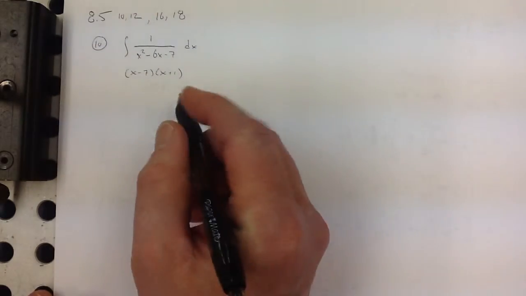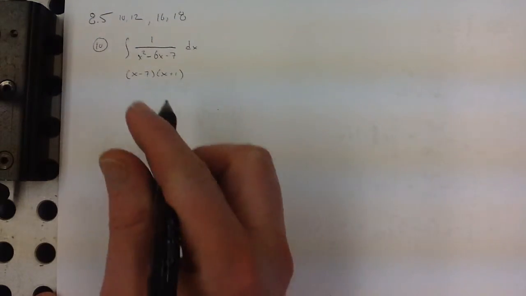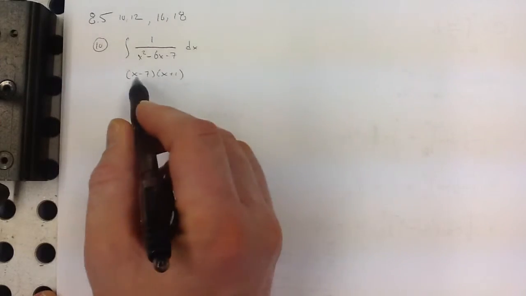I hesitate a little bit to say this, but if you did have to do this in a multiple choice situation, if you scanned the answers quickly, I think it would be very obvious to you what the possible factors were, right? If you look at what the answers look like. That's not the only way to get through life, of course. Knowing how to factor is an important skill, as are all the other things you learn in high school. So anyway, it factors to this.